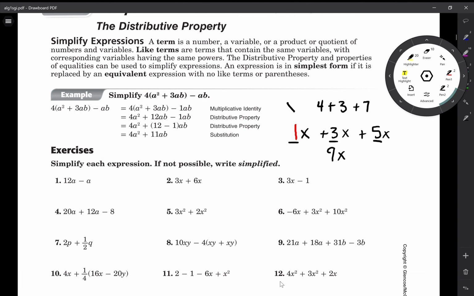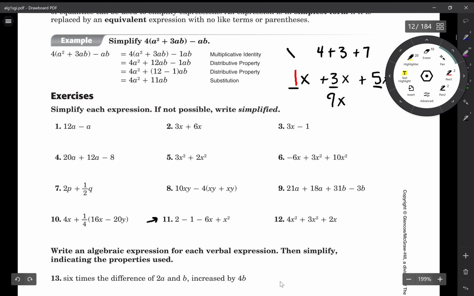If we have variables with different letters or different exponents, for example, number 11, we have a couple of constants and a couple of variables, but these variables are actually different. This right here is an x and this is an x squared. We cannot put those together because those are very different terms.